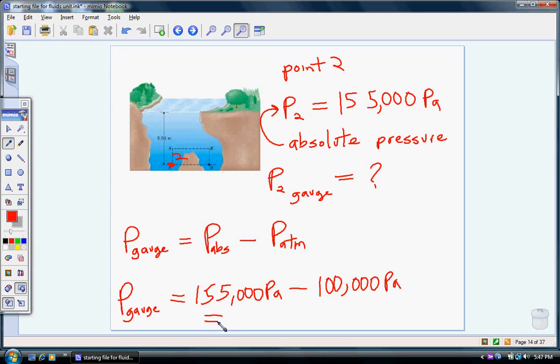So the gauge pressure at that lower point is going to be 55,000 pascals.